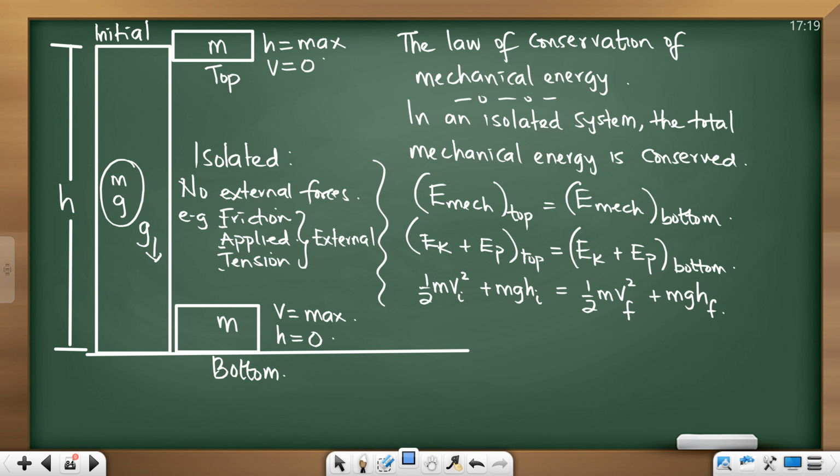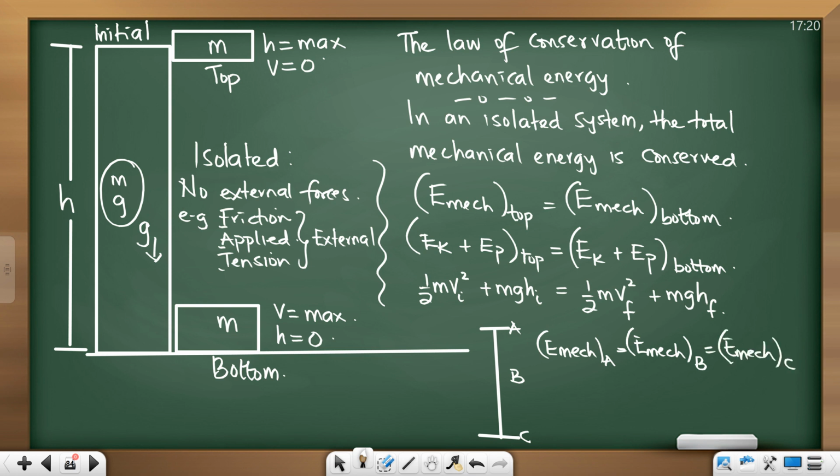It could be anywhere. I'm going to do a small diagram. If I consider this, and it's an isolated system, I have point A, point B, and point C. What we are saying is E mech at point A will be equal to E mech at point B, and that will be the same as E mech at point C.